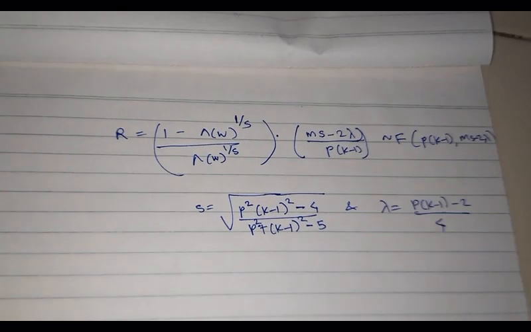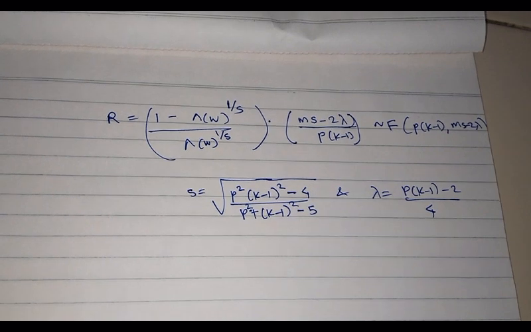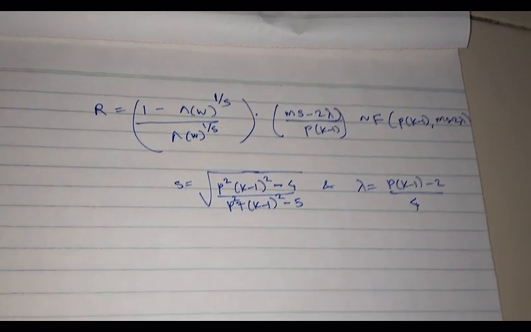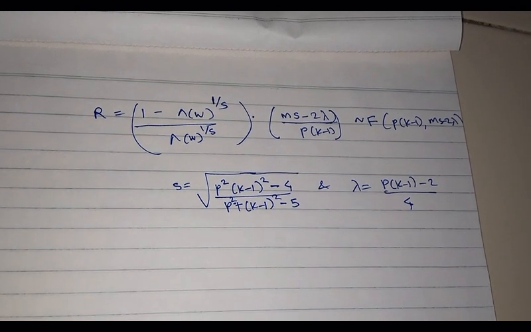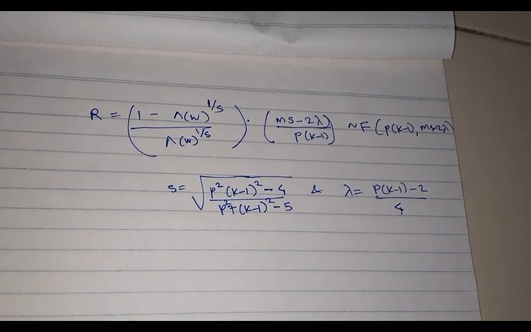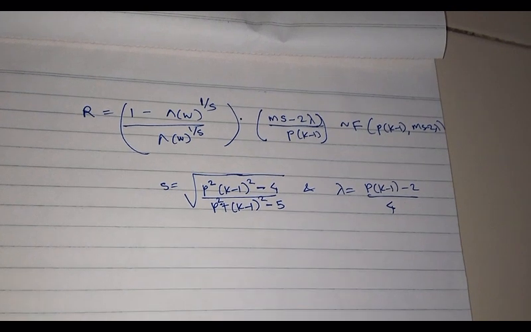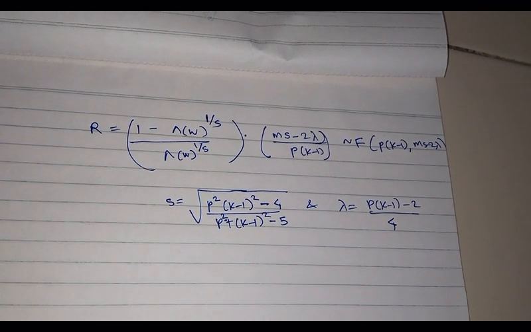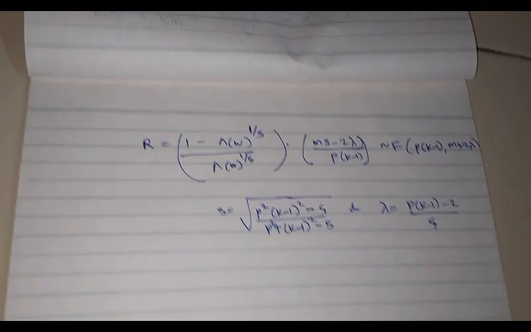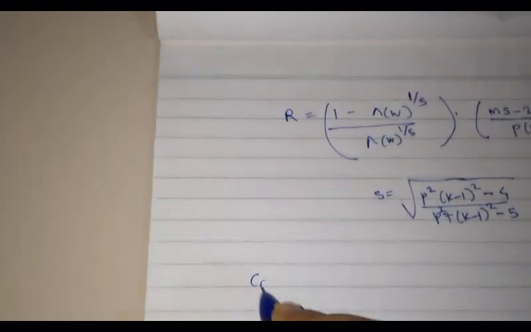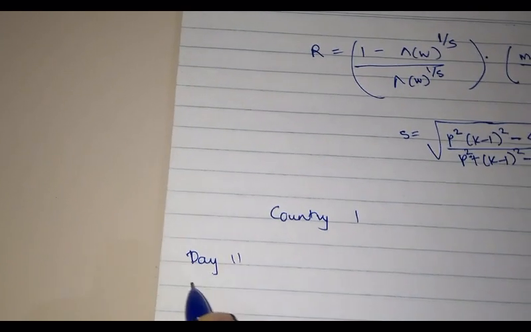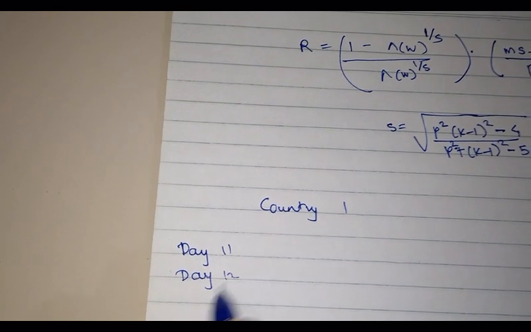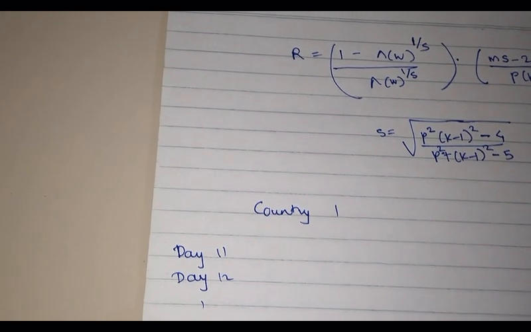So suppose I want to compare, say, number of patients and number of deaths due to, say, COVID-19 across different countries on different days. Okay, so what do I mean by that? For, say, country 1, I would consider data on, say, day 11, day 12 up to, say, day 50.